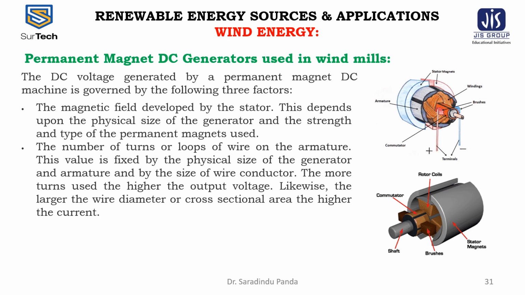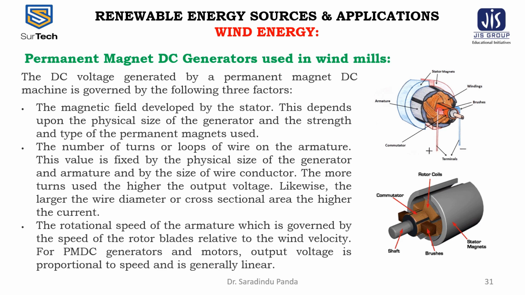The second is the number of turns or loops of wire on the armature. This value is fixed by the physical size of the generator and armature and by the size of the wire conductor. The more turns used, the higher the output voltage. The larger the wire diameter or cross-sectional area, the higher the current.